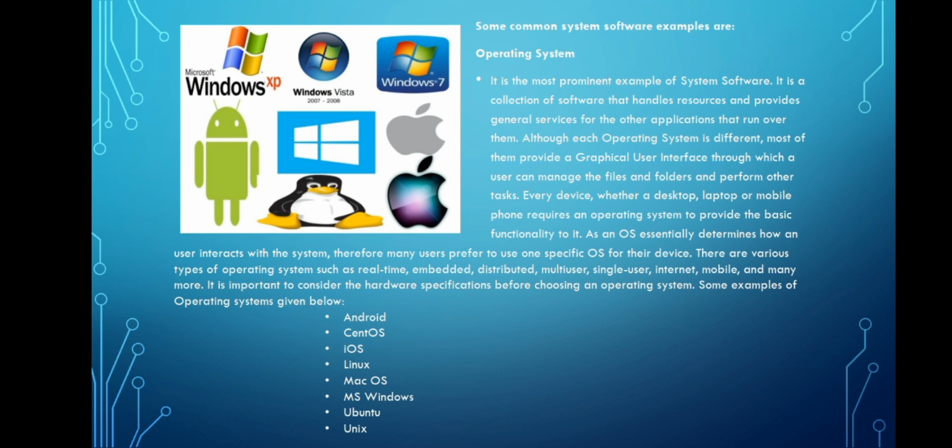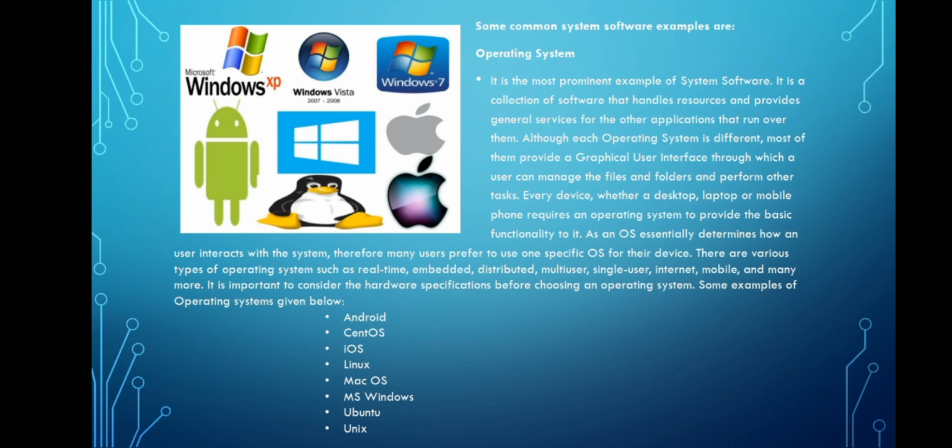Every device, whether a desktop, laptop, or mobile phone, requires an operating system to provide the basic functionality to it. An OS essentially determines how a user interacts with the system.